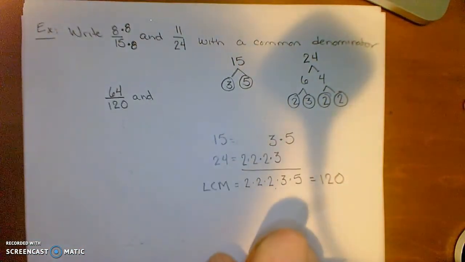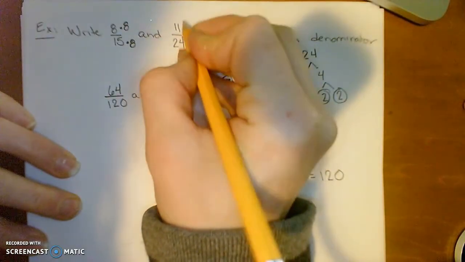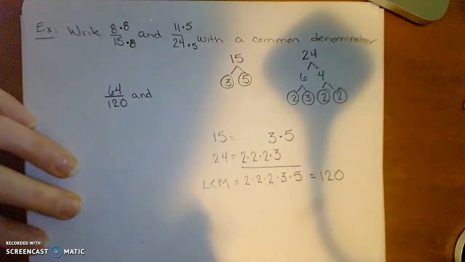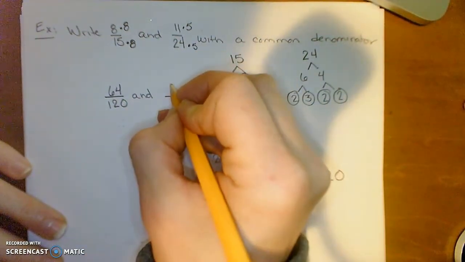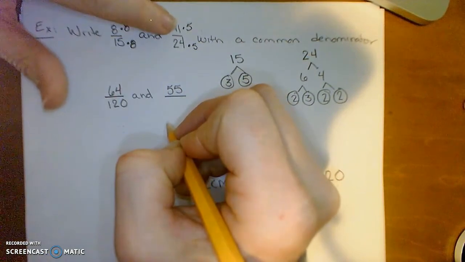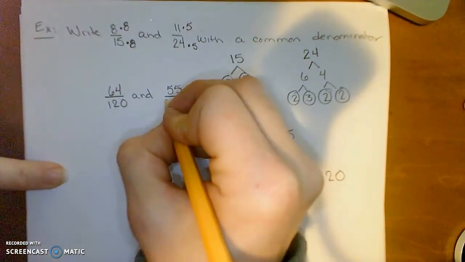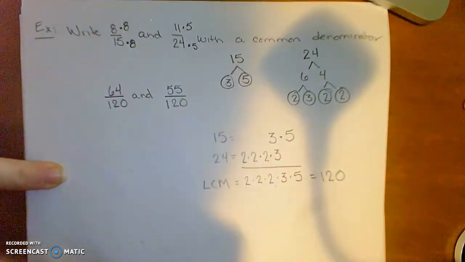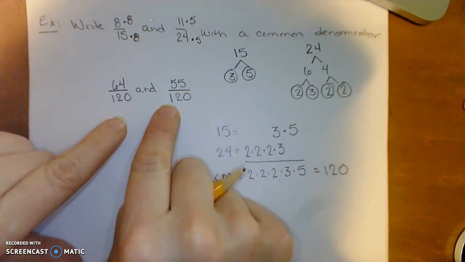The only factor that I'm missing here is 5. So I'll have to do 24 times 5, and also the numerator times 5, 11 times 5. So 11/24 can be written as 11 times 5, which is 55, over 24 times 5, which is 120. And our fractions are now written with the same denominator.